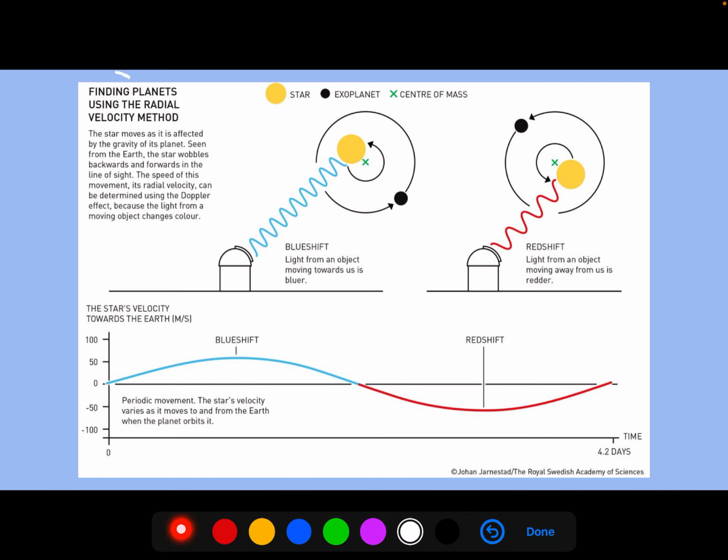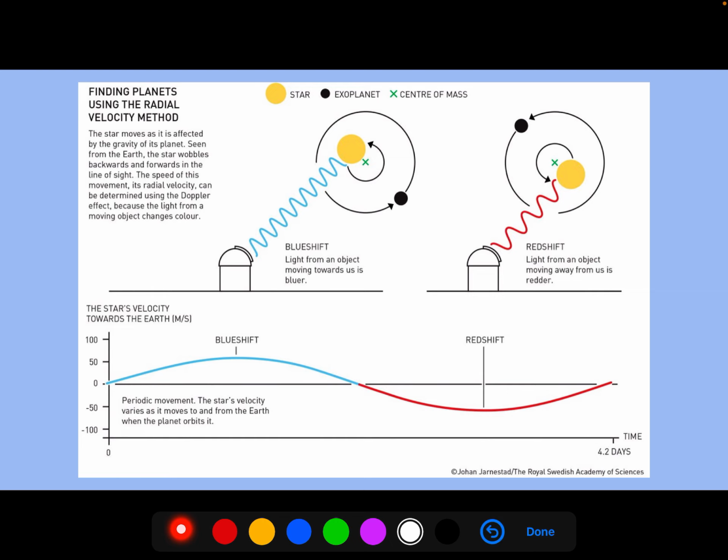Another way that we can find exoplanets is through the radial velocity method. And basically what happens is not only does our sun pull on us, right? But Newton's third law would say we pull on our sun, right? And so if there are objects orbiting a star, it will cause that star to wobble a little bit.